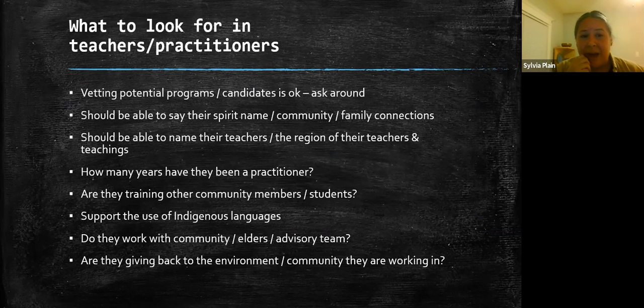So, vetting potential programs or candidates, whatever it is you want to do, for us as canoe building or basket weaving, schools would do that. We do that as an Indigenous program or Indigenous communities. We check out what the values of the programs and the people are, and what's the intent with the knowledge or the information that they're given.